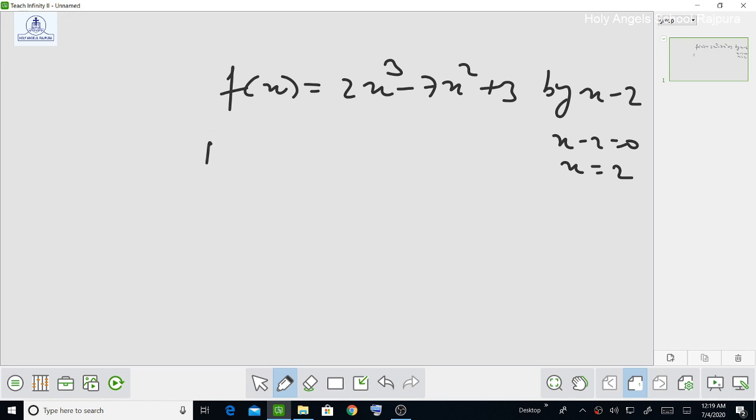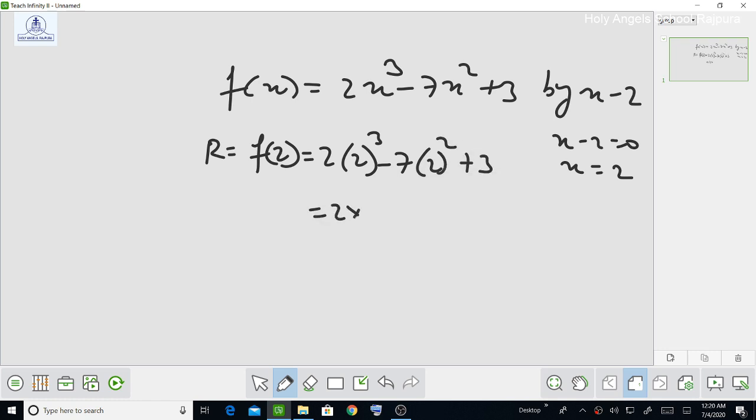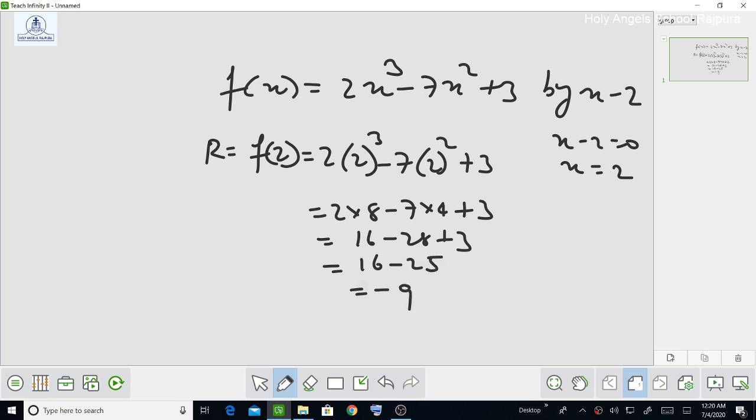So to get the remainder, r is equal to f(2), that is equal to 2 into 2 cube minus 7 into 2 square plus 3, is equal to 2 into 8 minus 7 into 4 plus 3, is equal to 16 minus 28 plus 3, is equal to 16 minus 25, is equal to minus 9.